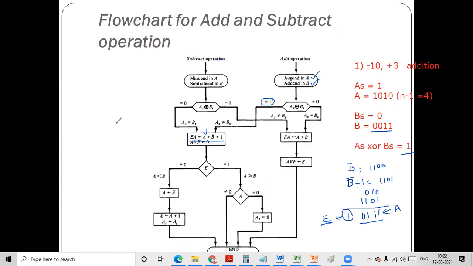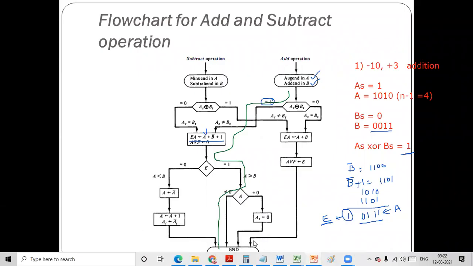Now based on E, here what you got? Here my E is 1, so I have to go by this path. So since E is 1, it means A is greater than B, and my result is not equal to 0. So I can complete my operation.